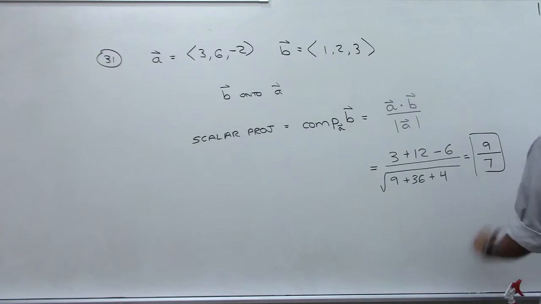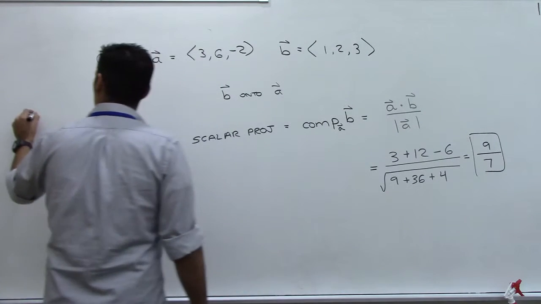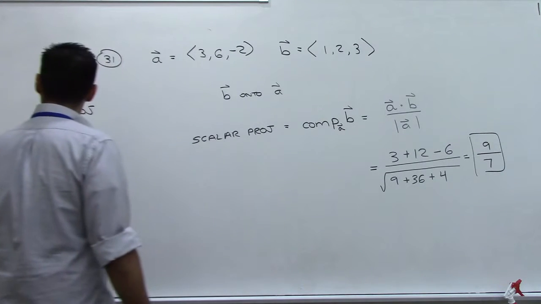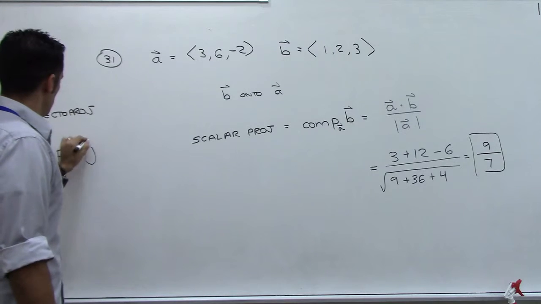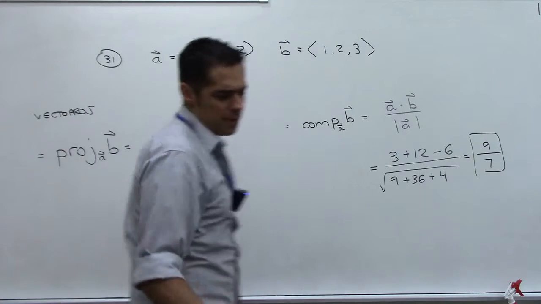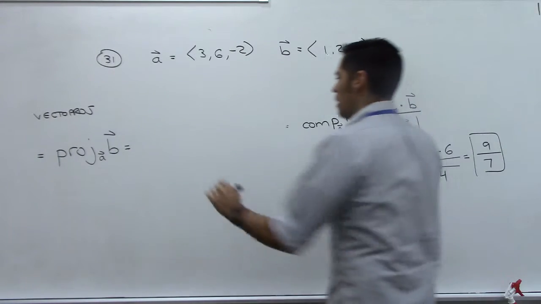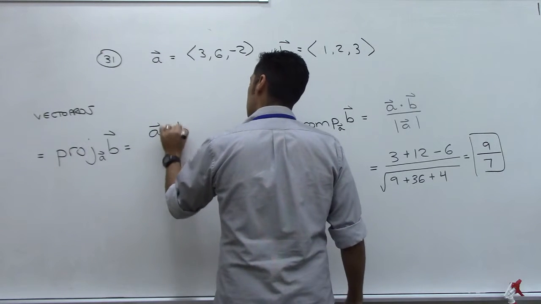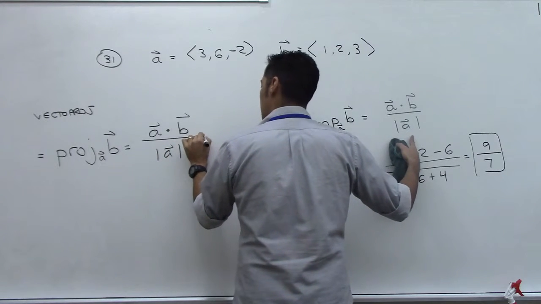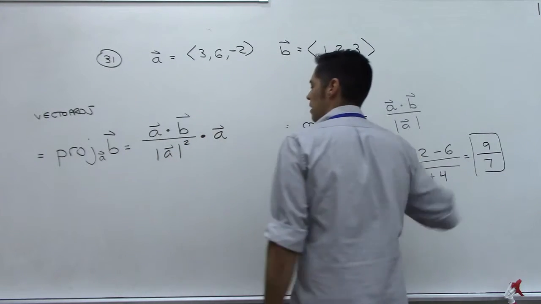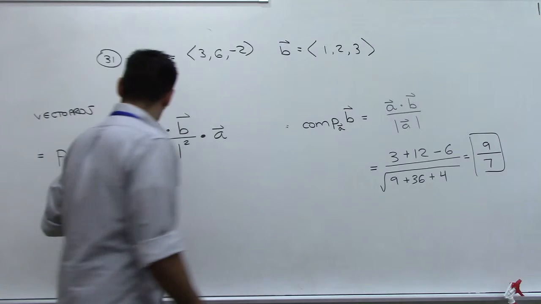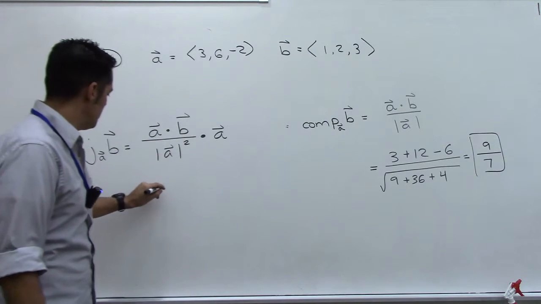And then let's do the vector projection, the projection of B onto A. We have a formula very similar to the last one: A dot B over the magnitude of A squared, and then multiplied as a scalar by the vector A. We have A dot B, which we knew was 9.